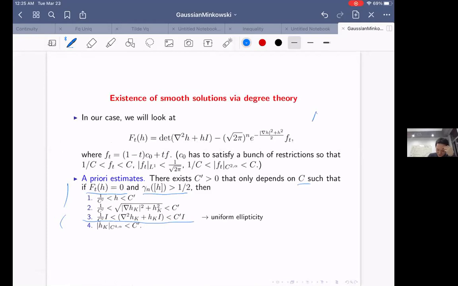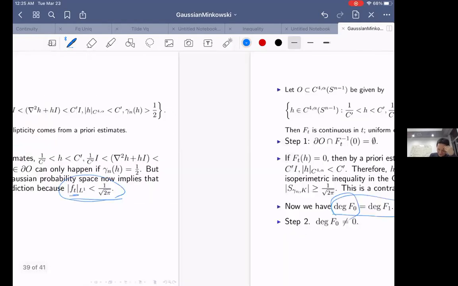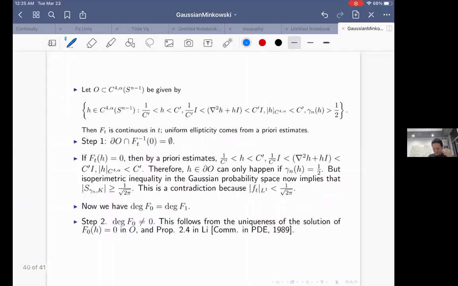When t is 0, F_t will be the constant C_0, and in this case, by using the theorem in this paper and the uniqueness result and the choice of C_0, we will compute that the degree of F_0 will not be 0. All right, that's the final step.